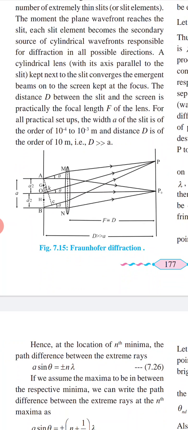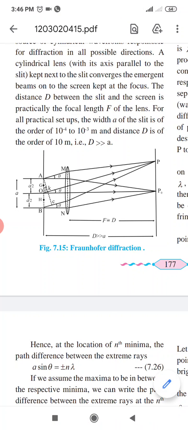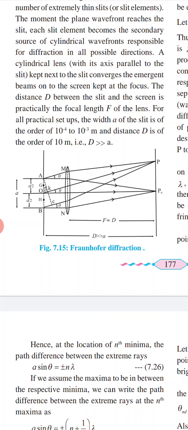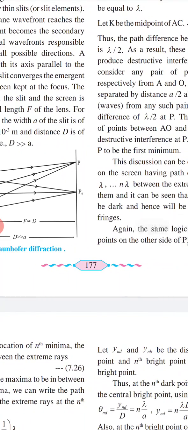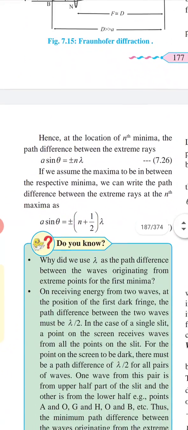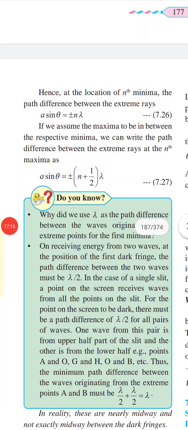Again, the same logic is applicable for the points on the other side of P0. Hence, at the location of nth minima, the path difference between the extreme rays is a sin theta, which is equal to plus minus n lambda.